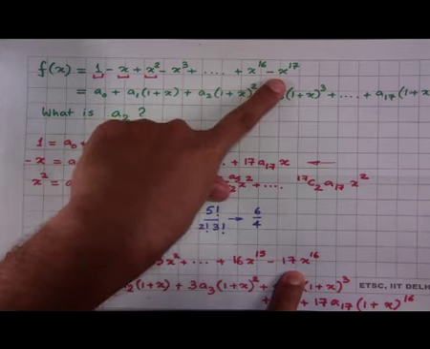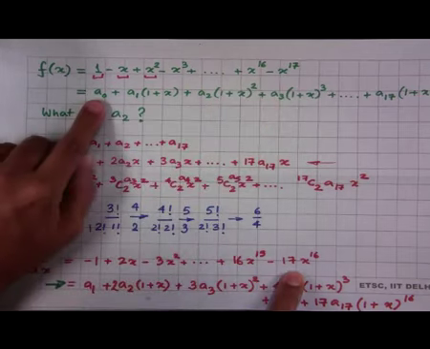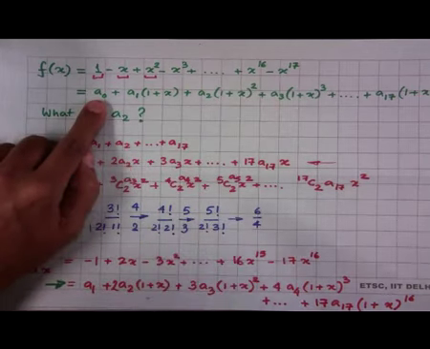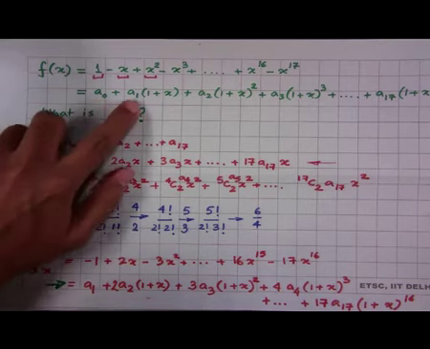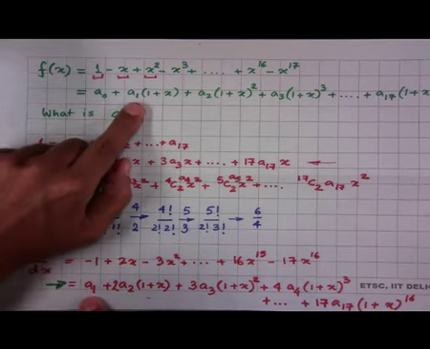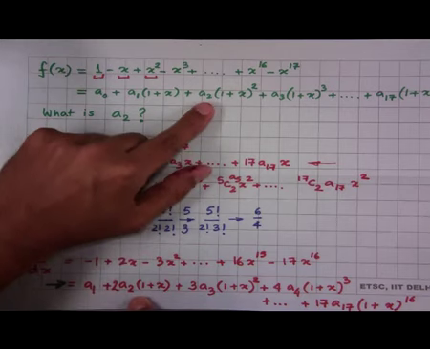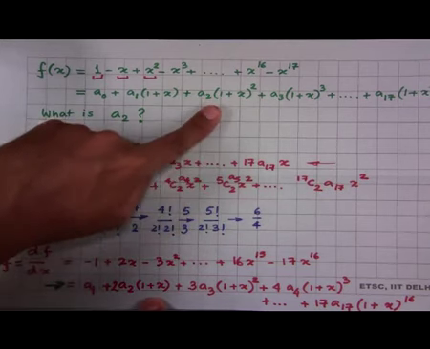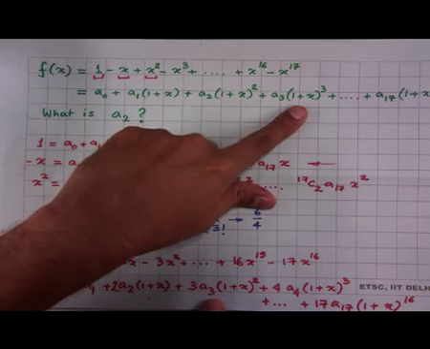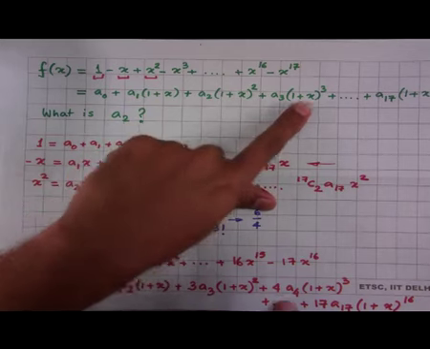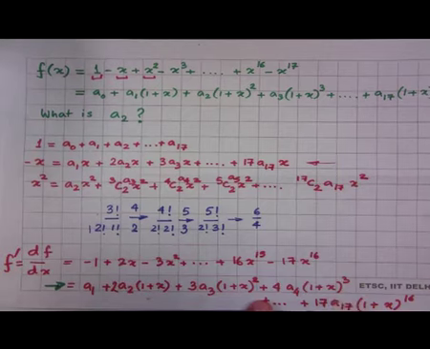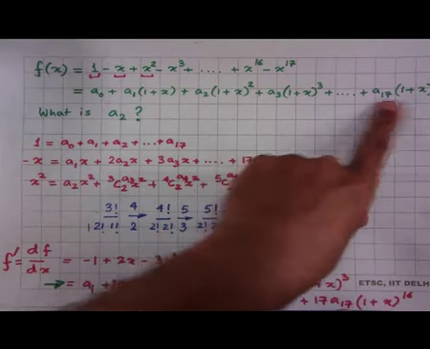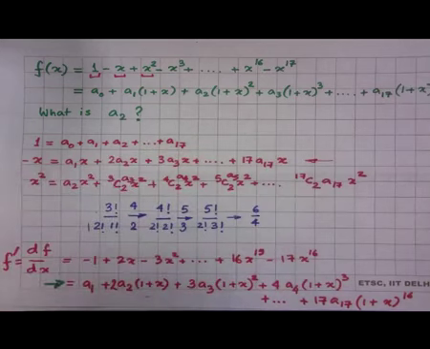So, this is f prime, but you also can take the derivative of the other side. a0 does not have a derivative, its derivative is 0. a1 times (1 + x) gives me just a1, a2 times (1 + x) squared gives me 2a2 times (1 + x), then I get 3a3 times (1 + x) squared, 4a4 times (1 + x) cubed all the way till 17a17 times (1 + x) power 16. Okay. So, this is also a relationship.